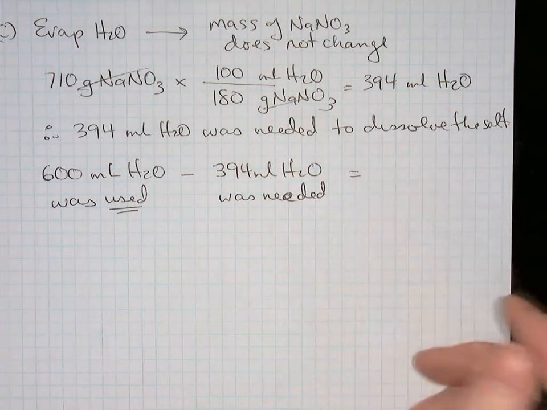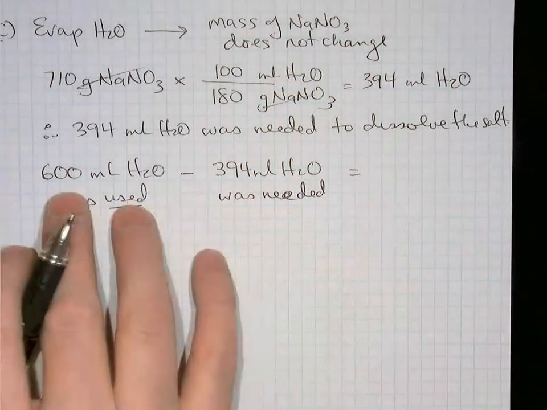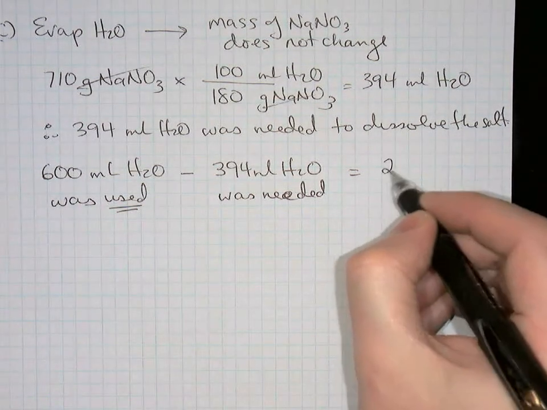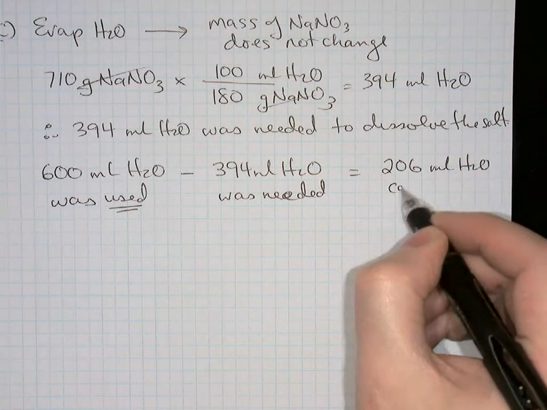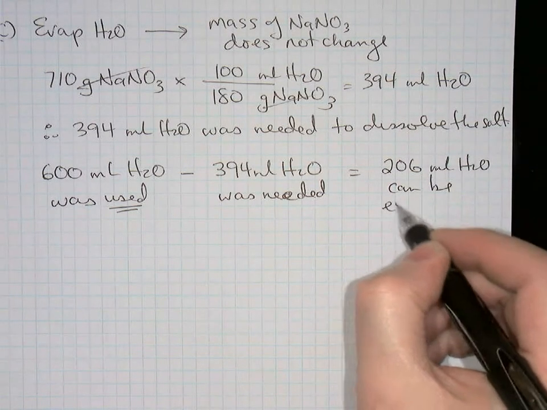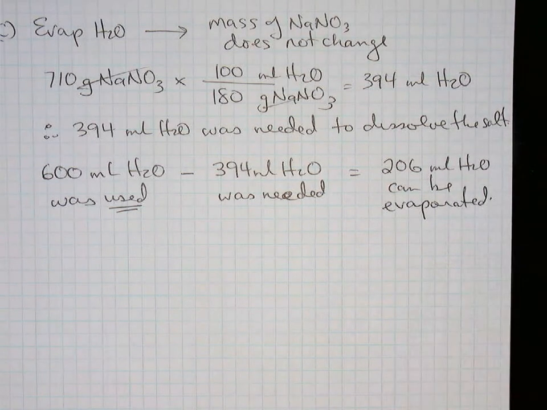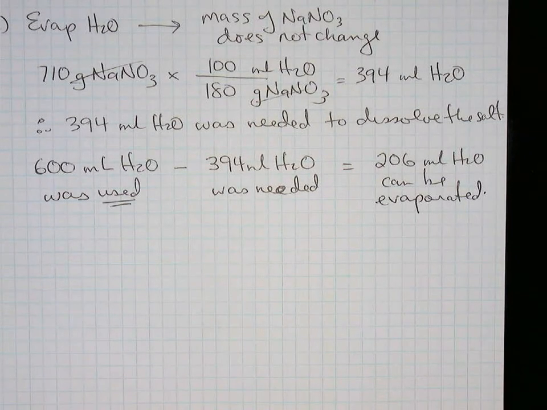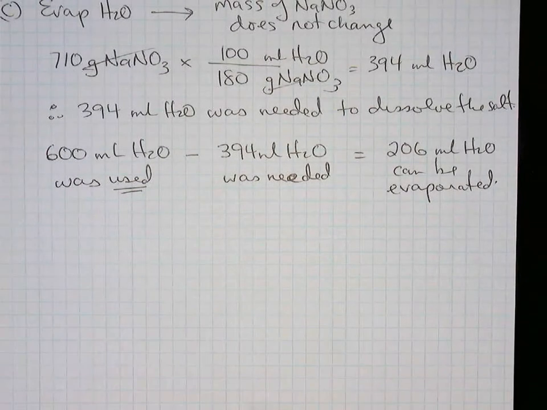And the difference is how much water we can evaporate. So 394 from 600 is 206 mils of water can be evaporated. When you evaporate that water, the solution will then be saturated. Its concentration will be 180 grams per 100 mils.